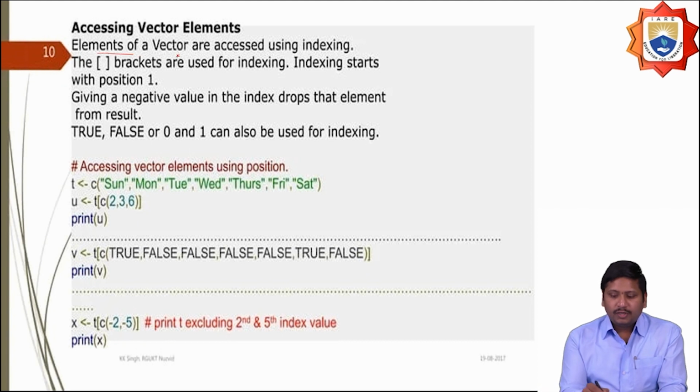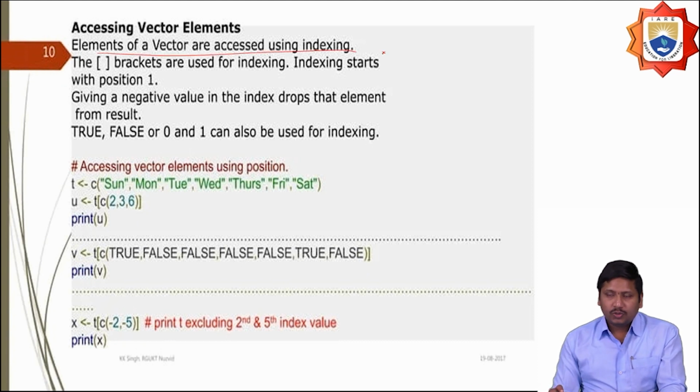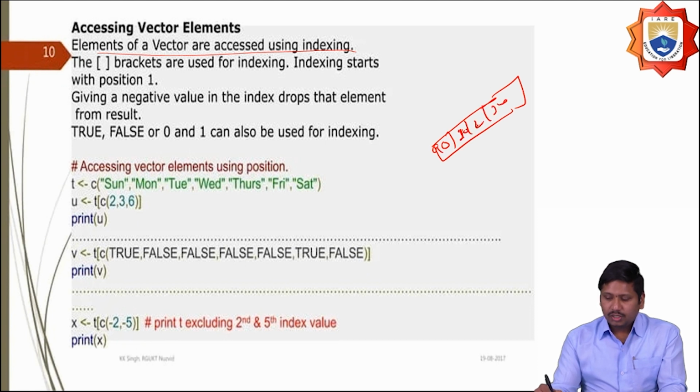Here the elements of vectors are accessed through indexing. Normally in arrays, we access the values like 0, 1, 2, 3, for 10, 20, 30, and then 40. So the index starts with 0.